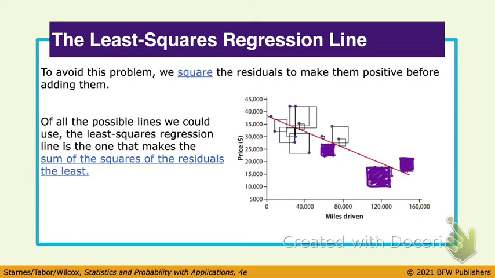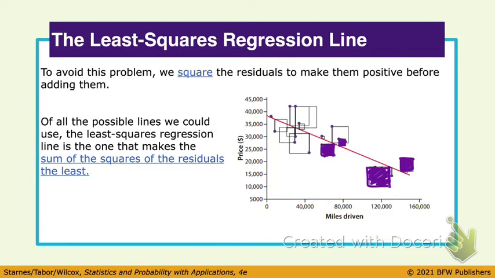Your calculator does this really fast. It'll look at the values, tip the line back and forth, move it up and down, and find the smallest possible sum of the squares of all of those different areas. And that's how we come up with the thing called the least squares regression line.